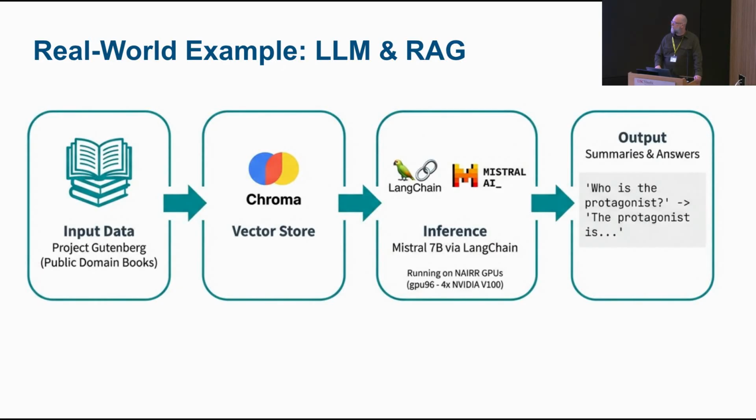Yes, so I'll talk about the RAG. What's different about this workflow, compared to a lot of what I've heard today, is that this is a self-contained LLM that we put on compute nodes, and we do some processing, and then we tear it down again.